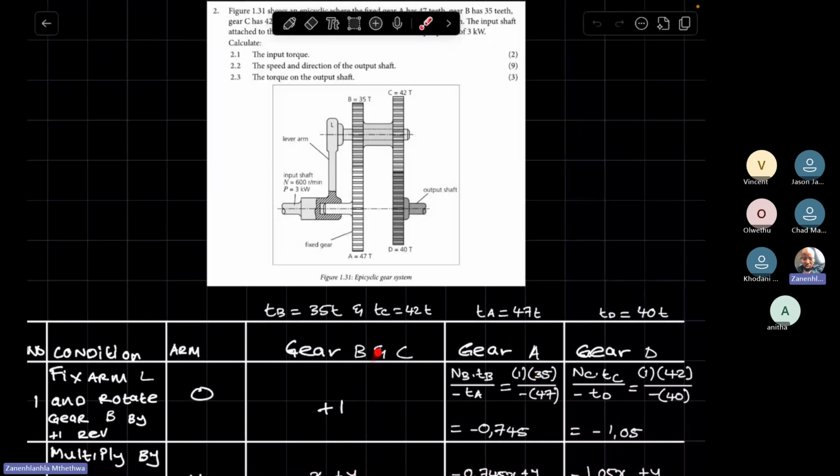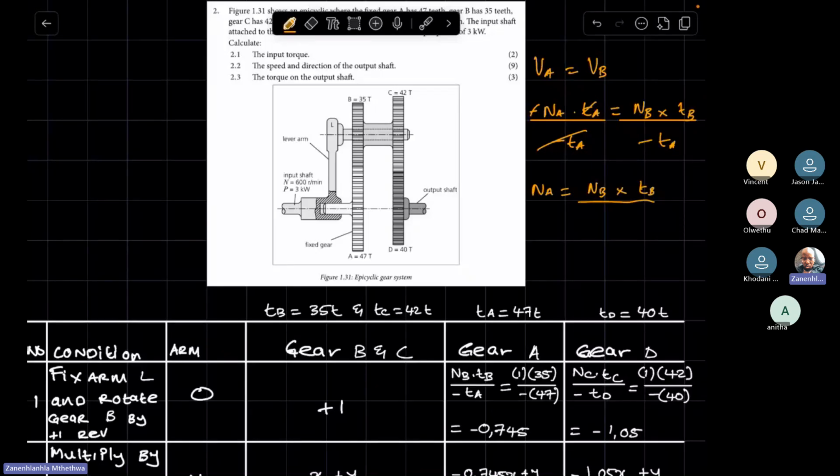So you divide both sides by negative TA. Obviously, that cancels that side. Then on the left-hand side, you're left with NA is equal to NB times TB divided by negative TA.